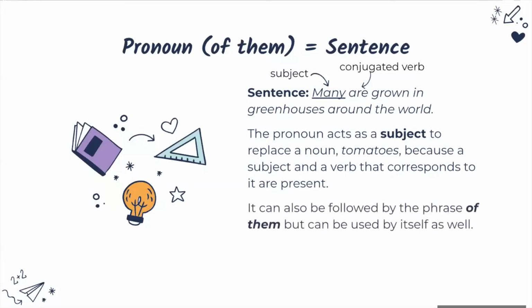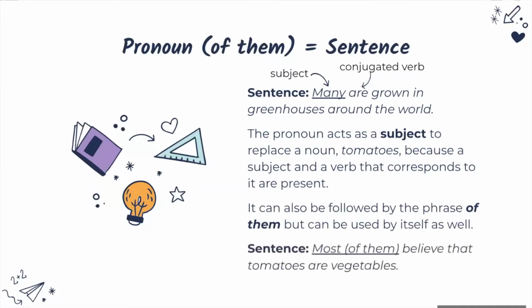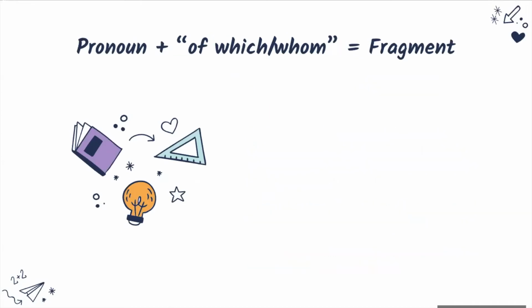It can also be followed by the phrase of them, but it can also be used by itself. So you can have it by itself, which is just what we have up here at the top: many are grown in greenhouses around the world. Or you can have the sentence down here: most of them believe that tomatoes are vegetables. And so those are pronouns that can denote sentences.